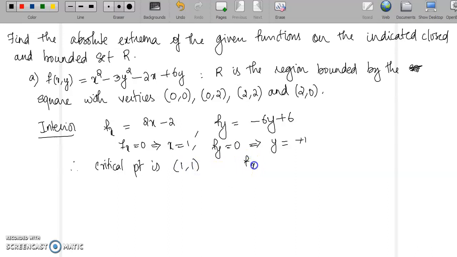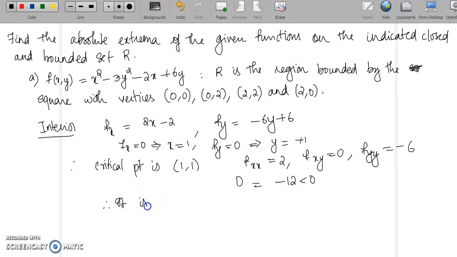When you evaluate, fxx will be 2, fxy is 0 and fyy is minus 6. So when you find D at (1, 1), that will be equal to minus 12, less than 0. Therefore it is a saddle point.